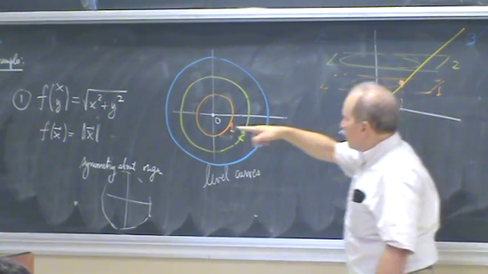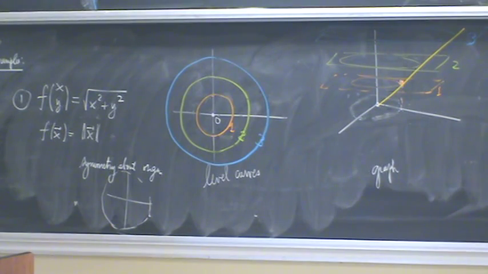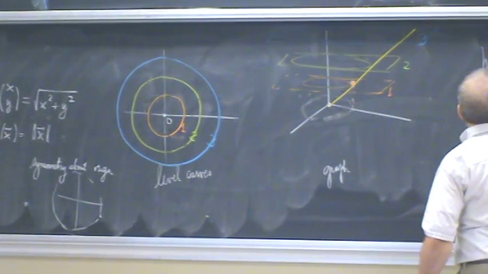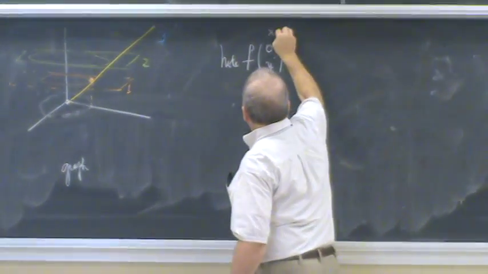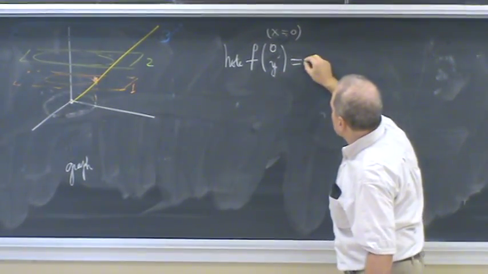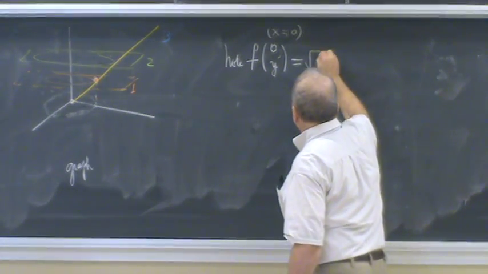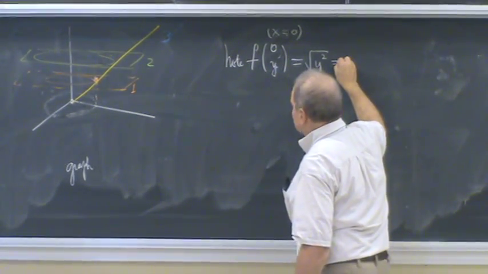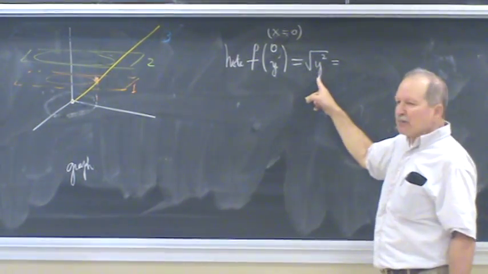And in fact, if you look at this thing in the plane where x is 0, so it's like slicing and taking x equal to 0 and taking whatever surface I have and slicing it, what do I have here? Square root of y squared, which is just y. Be careful. What is the square root of somebody squared?